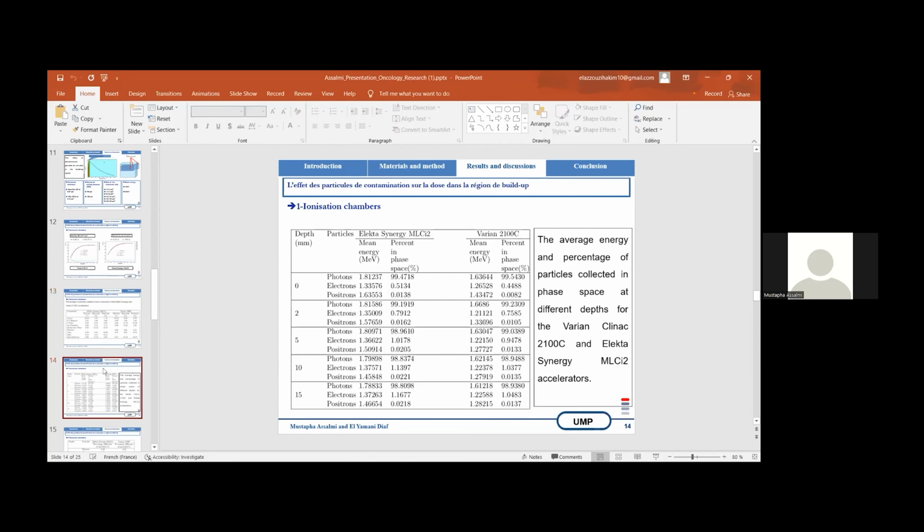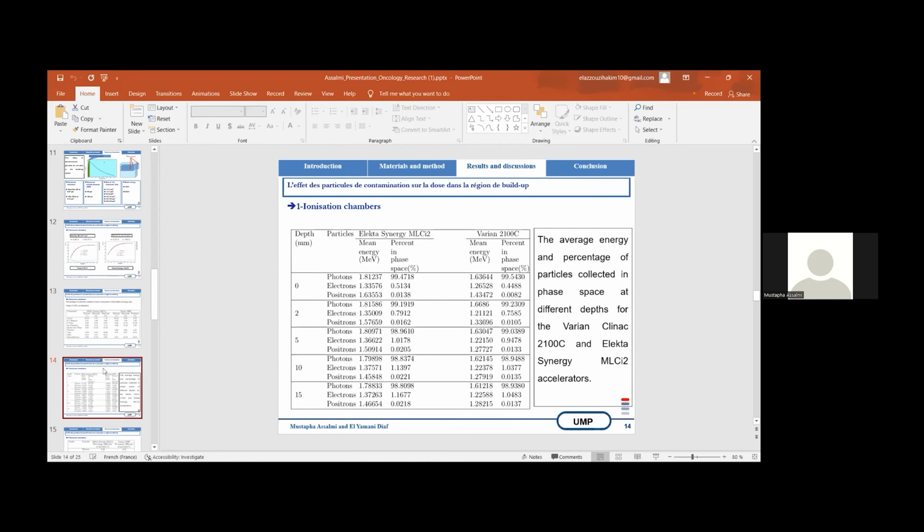In this table, we show the average energy and percentage of collected particles in the phase space at different depths for the Varian and Elekta accelerators. We placed planes of phase space at different depths, in which we can see that the number of photons decreases and the number of contamination particles increases with depth.